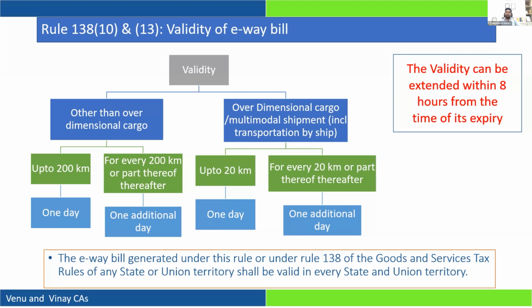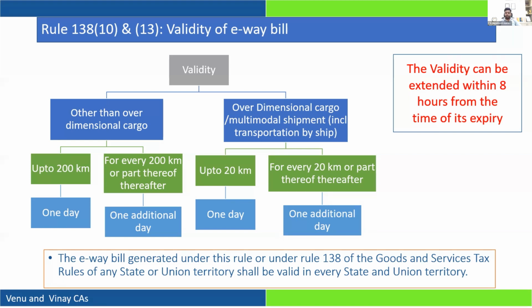Validity can be extended within 8 hours before and 8 hours after the expiry time. Just now I said every e-way bill will expire at midnight of the day. So I can extend the validity from 8 hours before, that is 4 p.m. in the evening, until 8 a.m. of the subsequent day.